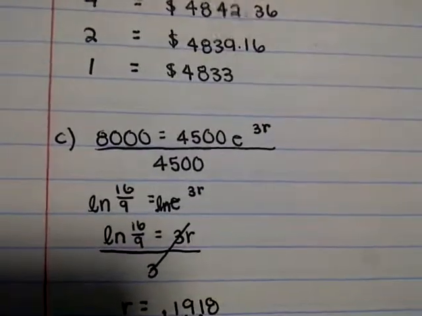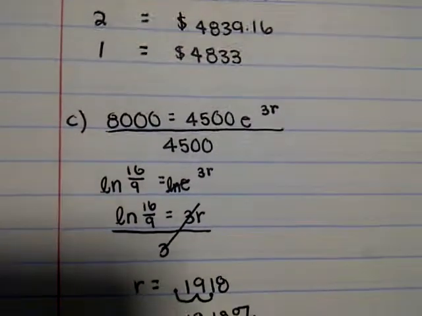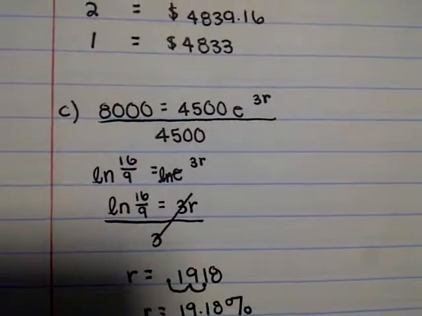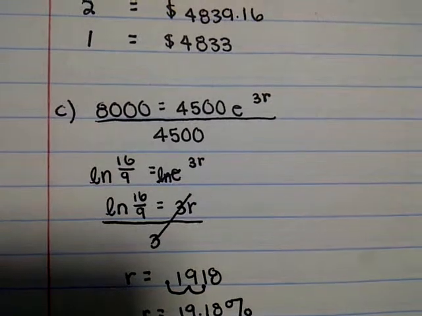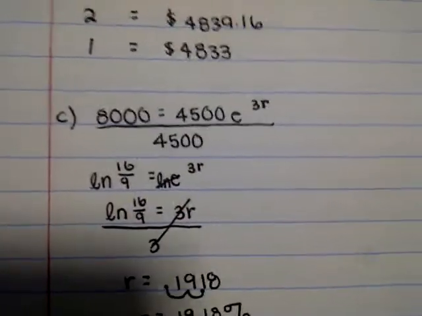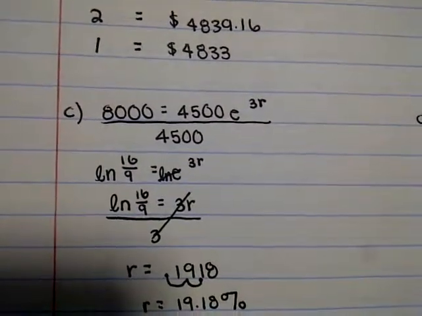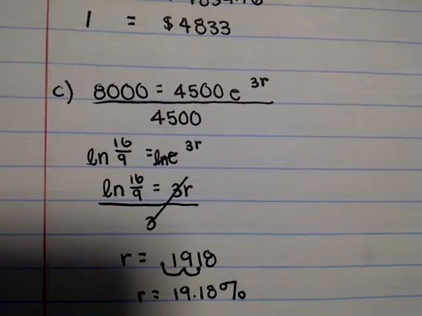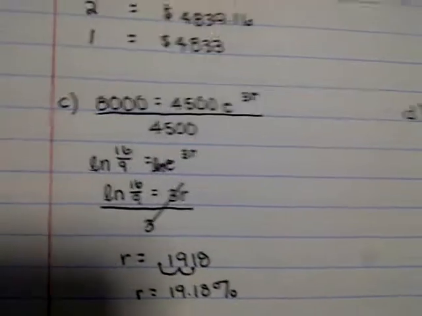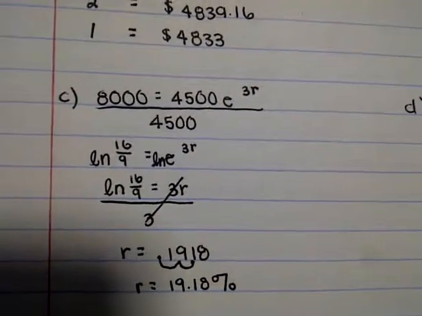You divide 8,000 by 4,500, and that should give you a long decimal, but we can't have a long decimal, so we have to leave it as a fraction. So it'd be 16 over 9. So 16 over 9 equals e to the 3r power is the equation.